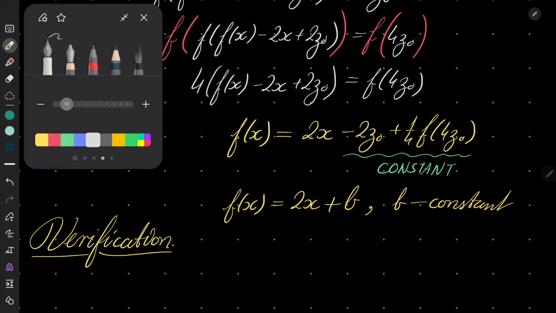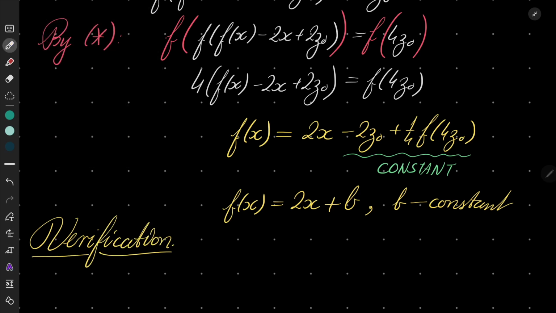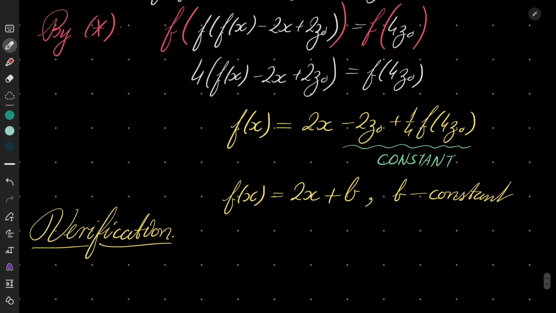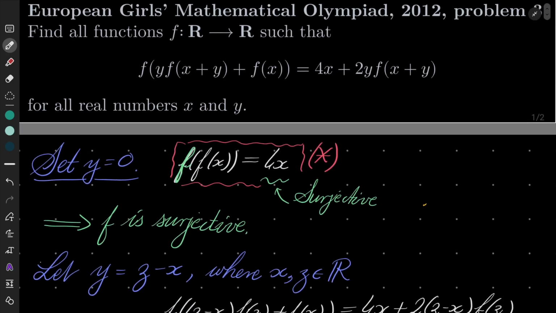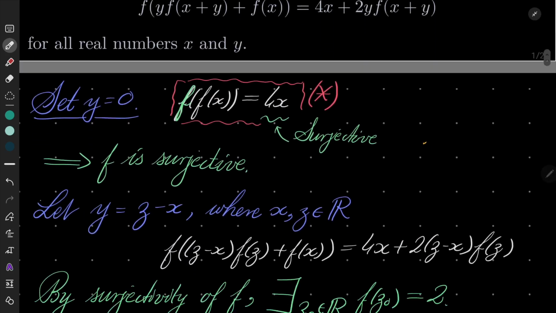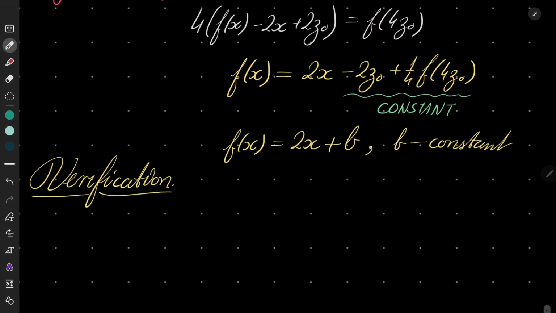Let's take our equation and just put our derived formula for f. So we have, let's recall, f of y times f of x plus y plus f of x. What do we get?